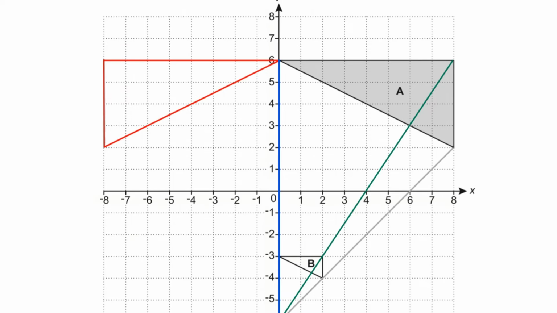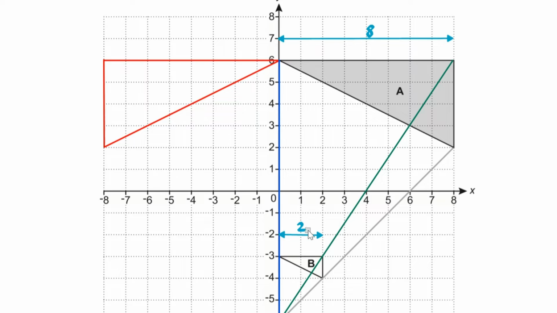and if we take a look at this length, we've got a length of 8, and if we take a look at this length, we've got 2.